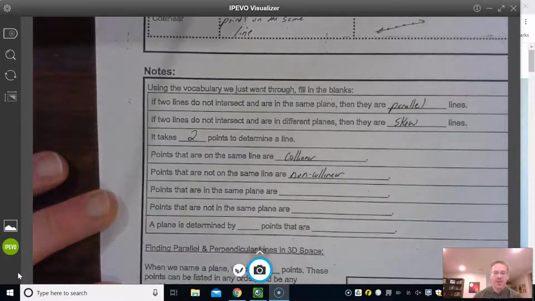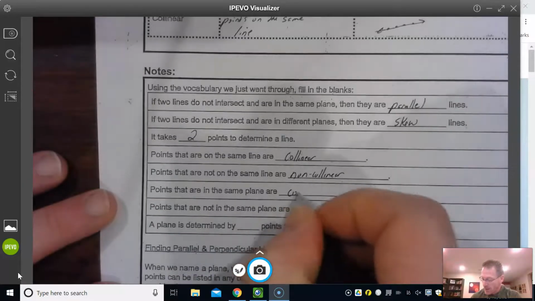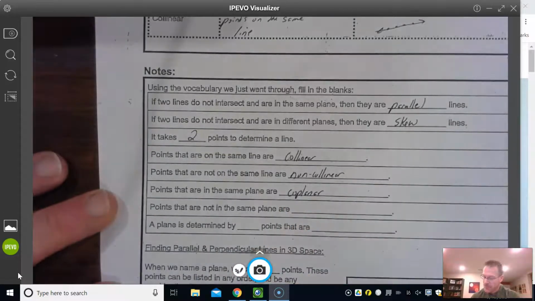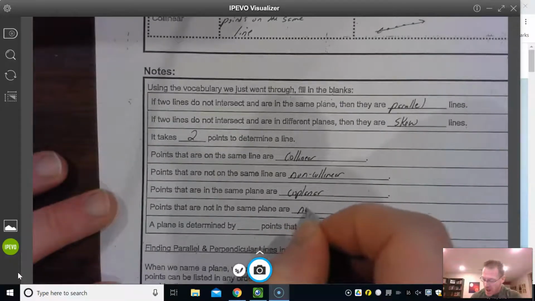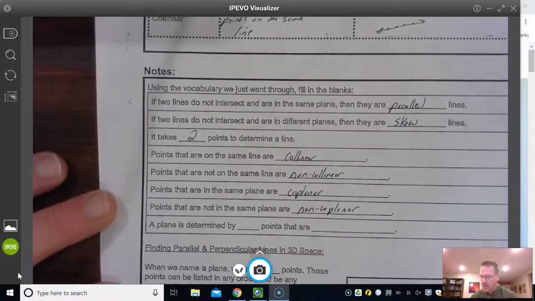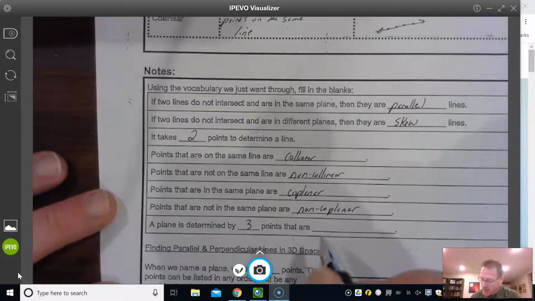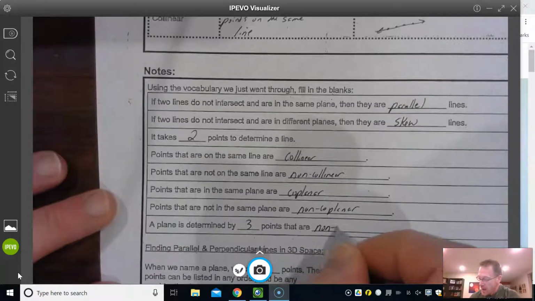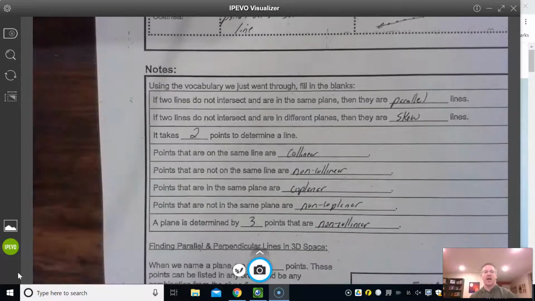Points that are on the same plane are coplanar, like we just said above. And points that are not in the same plane would be non-coplanar. A plane is determined by 3 points that are non-collinear. So basically, if you can take 3 points and draw a triangle with them, then you know you can form a plane.